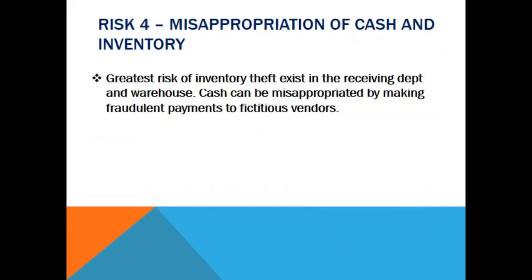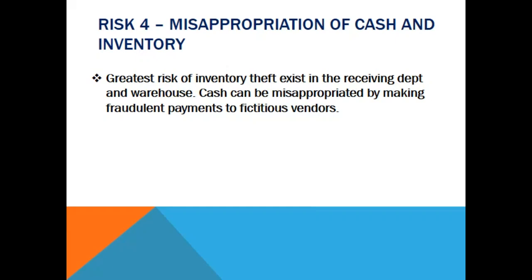Cash and inventory are the physical assets at risk in the expenditure cycle. In the absence of proper controls, there is a risk of misappropriation of cash by making fraudulent payments to fictitious vendors, or the theft of inventory in the receiving department and warehouse.